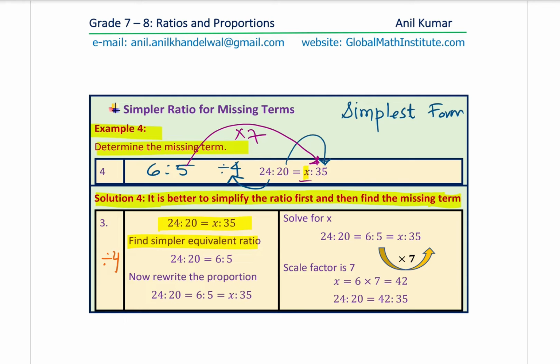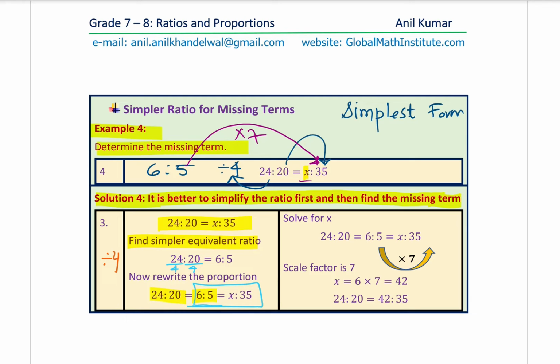So when you divide by 4, this could be written as 6 is to 5. Divide 24 by 4 and the other thing also by 4. Ratio remains same. So when you divide 24 by 4, you get 6 and 20 divided by 4 is 5. And so you get a new ratio, 6 is to 5 equals x is to 35.